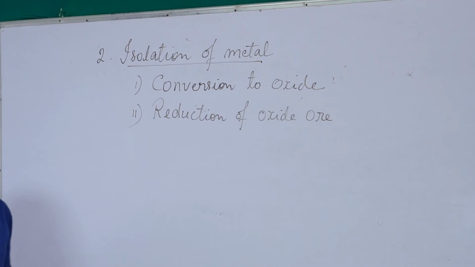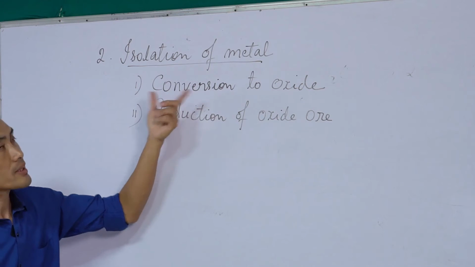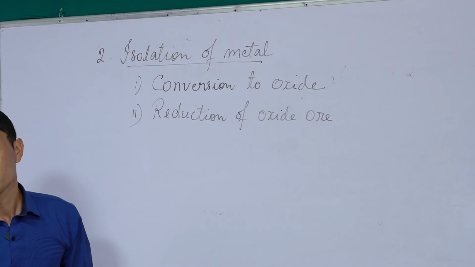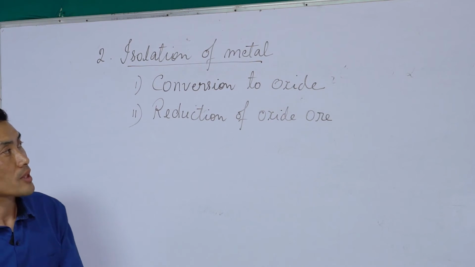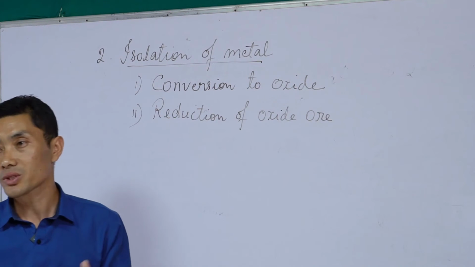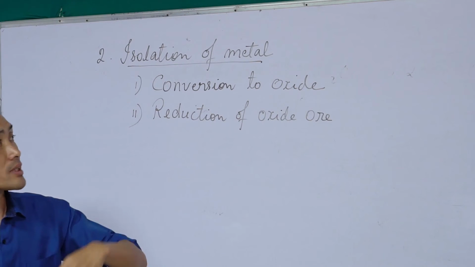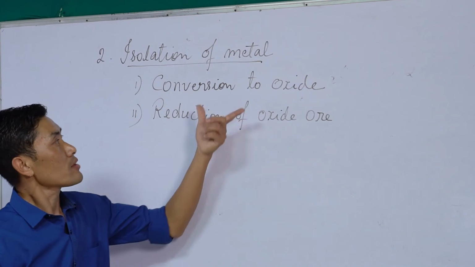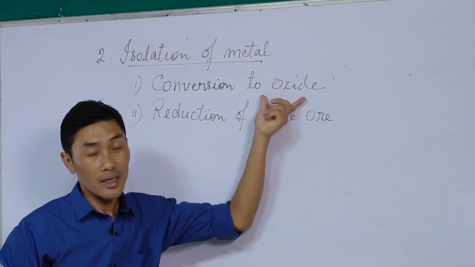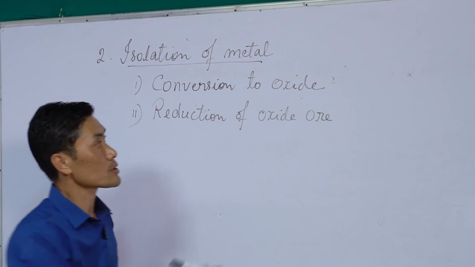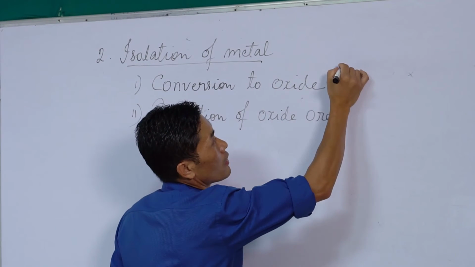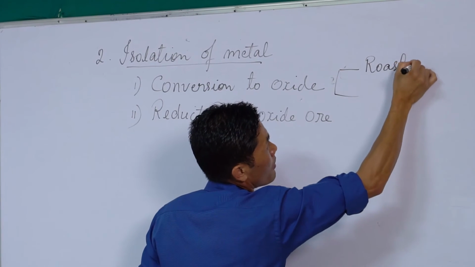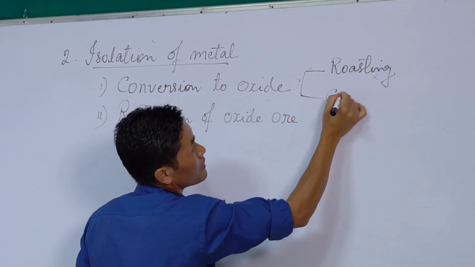First we convert the ore into an oxide, especially if it is in the form of some carbonates or hydroxides or sulfides, we convert the ore into oxide form. Now, conversion of the ore to oxide can be done by 2 processes. Roasting and calcination.